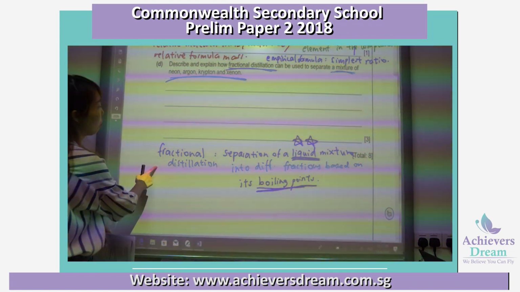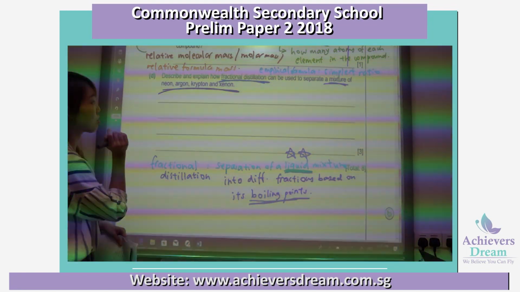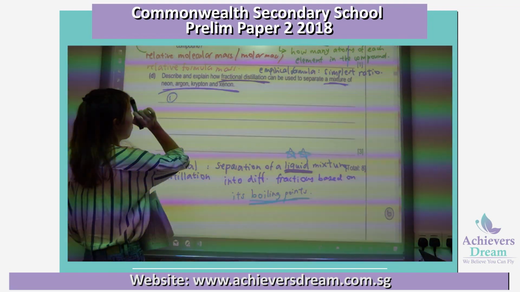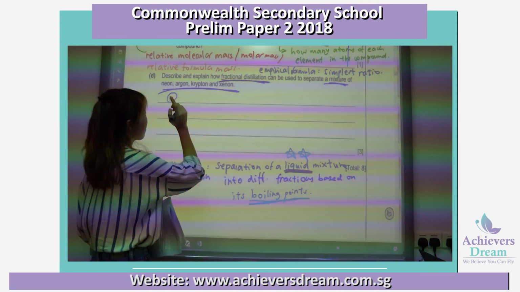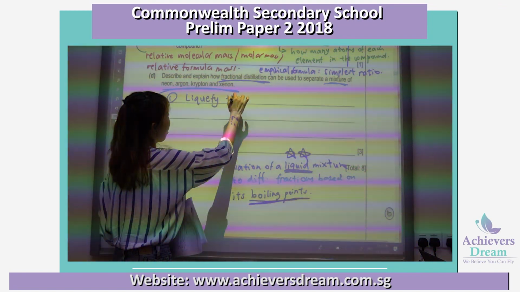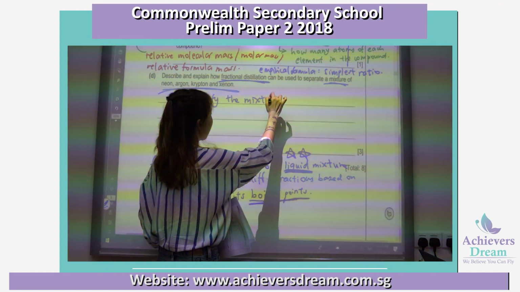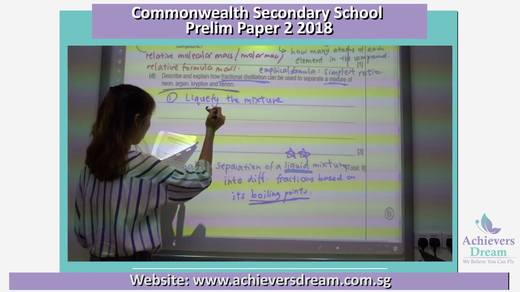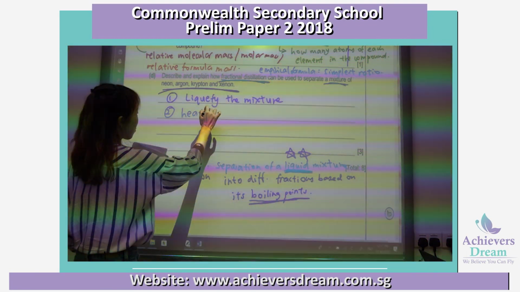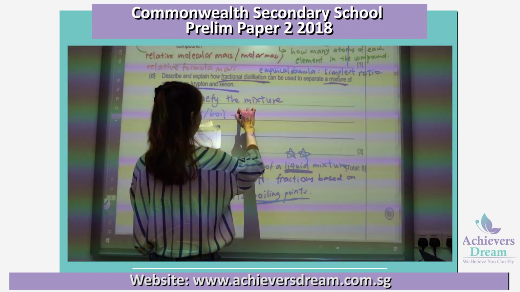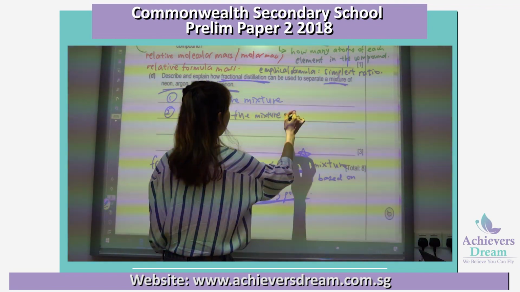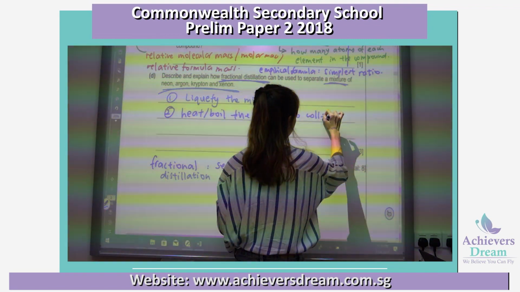Now that we know what fractional distillation is, we need to describe the steps. For the first step, we need a liquid mixture. So the first thing we need to do is to liquefy the mixture of your noble gases. Make sure it's in the liquid state. Then next, I will heat or boil the mixture to collect the different fractions.